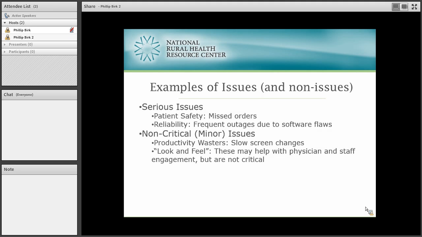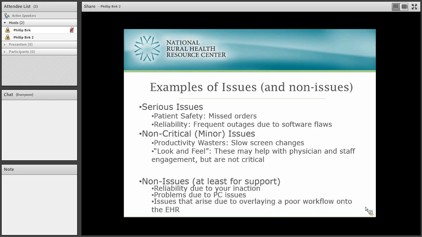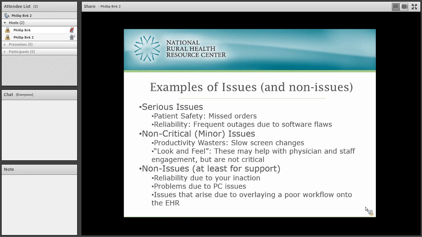Something that's a non-critical issue, and these are things that I oftentimes see people sending the high priority emails to their account manager saying that this is something that's critical, we need to get fixed right away, right? A productivity waster is a good example. Something where maybe the screen changes are slow.